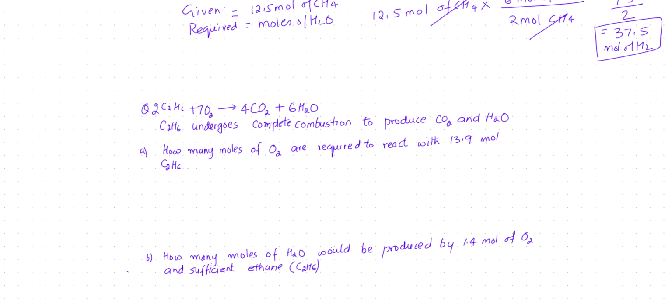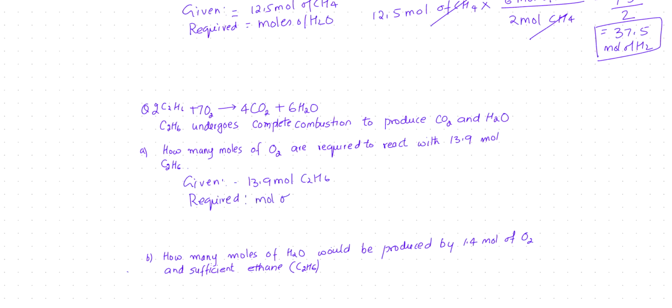So first always we write the given amount. So given is 13.9 moles of ethane, and required is how many moles of oxygen. So we have to find moles of oxygen.